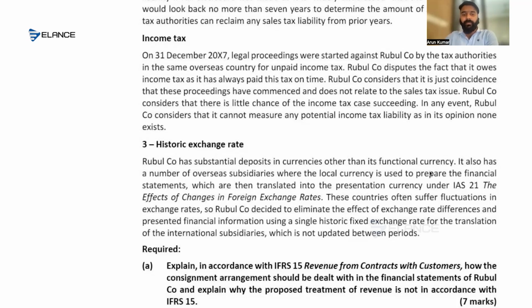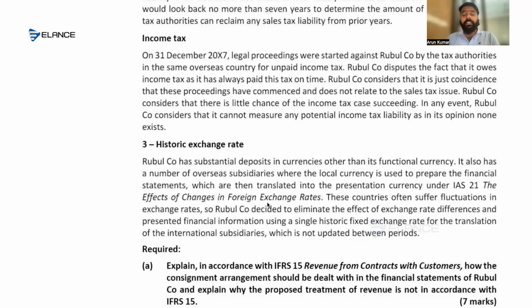Can you reply in the chat? Yes, it's a monetary asset.